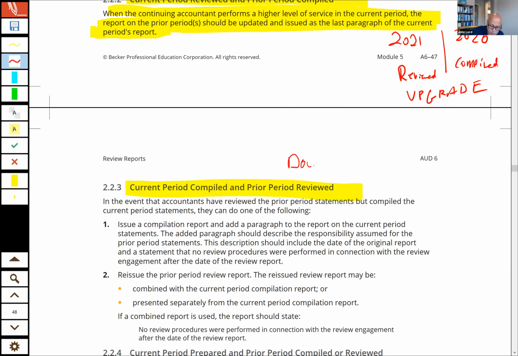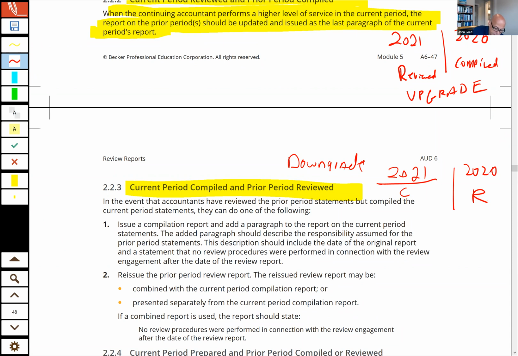A downgraded service is if what happened? If in 2021, I'm just going to put a C here, we simply had a compilation, when in 2020, we had a higher level of service, a review.